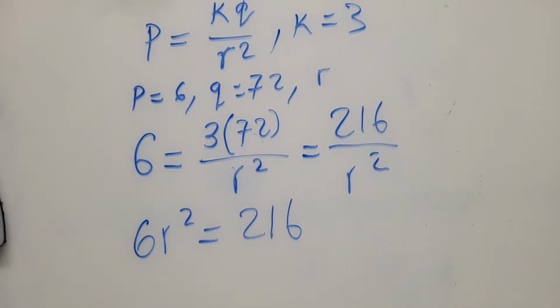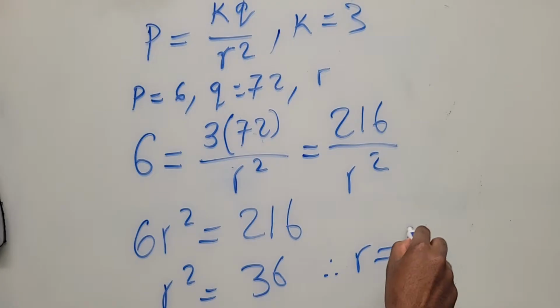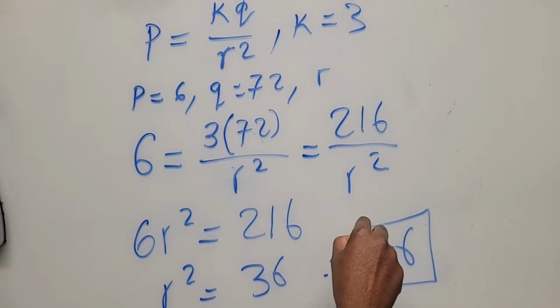Then if you do your division here, R squared is 36, right? Okay, and because this is a direct variation kind of problem, so here you need R to be 6. Okay, R cannot be a negative number in this kind of problem.